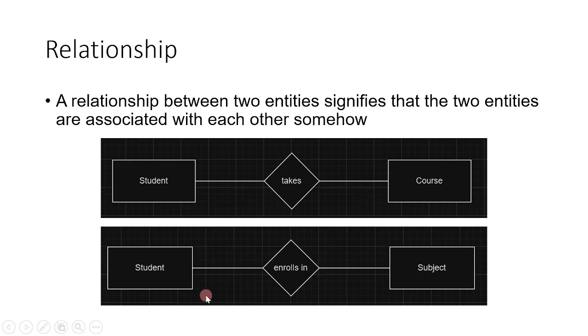Okay? So then from subject to student, what's the verb? By the way, this is the verb. Okay, so if this is the noun, this is the verb. A student enrolls in a subject, and a subject is enrolled in by students.